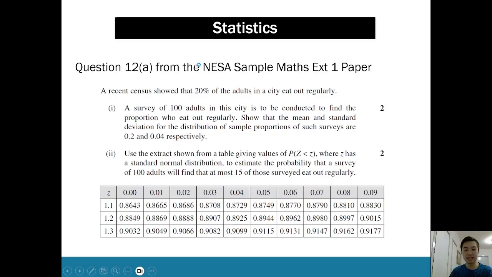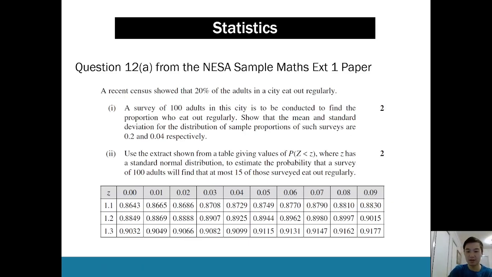Here we're told that in a recent census, 20% of the adults in a city eat out regularly. For part 1, a survey of 100 adults in the city is to be conducted to find the proportion of those who eat out regularly. Show that the mean and standard deviation for the distribution of sample proportions of such surveys are 0.2 and 0.04 respectively.